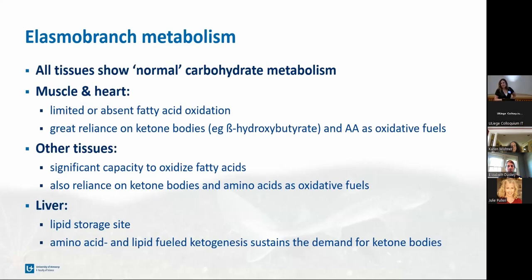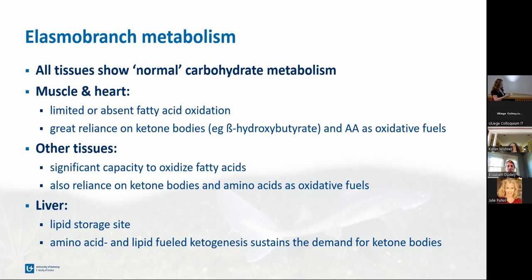Their carbohydrate metabolism is quite normal, so it depends on glucose and lactate utilization. But in the muscle and the heart, there is very limited or no fatty acid oxidation. And their main substrate is actually ketone bodies. So you would only rely on that if you're really starved for a long time. But for them, it's a normal metabolite.